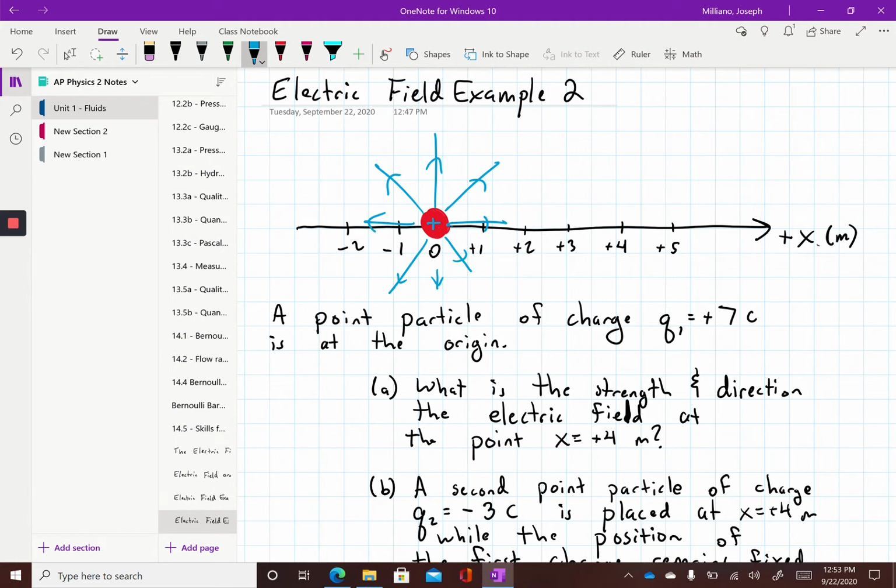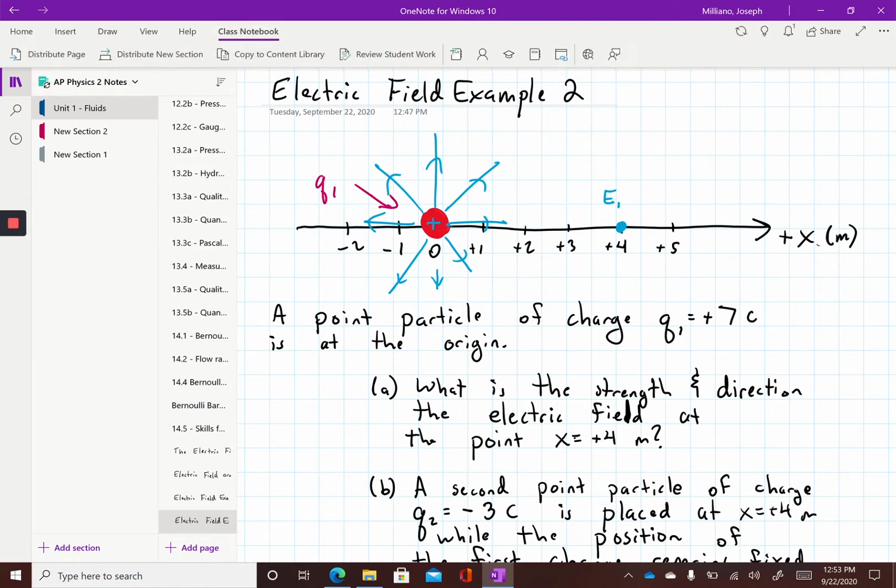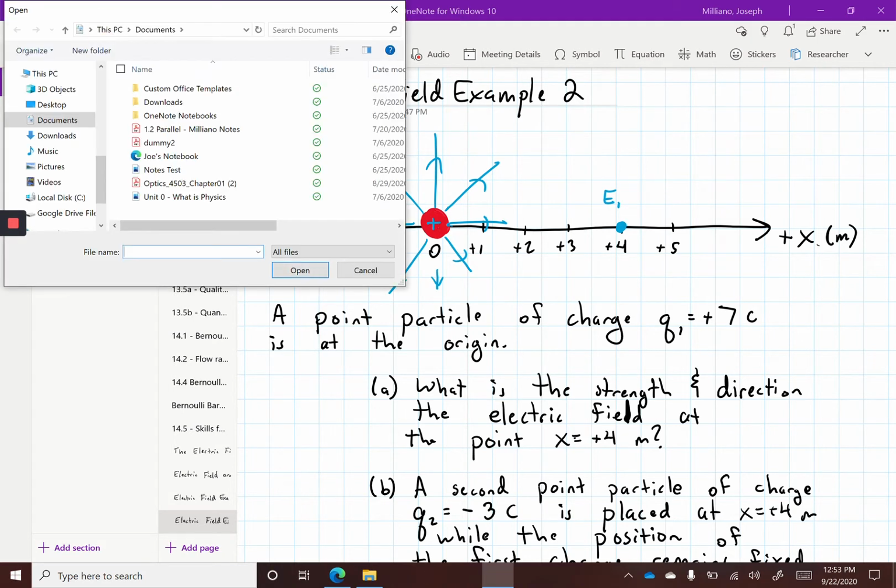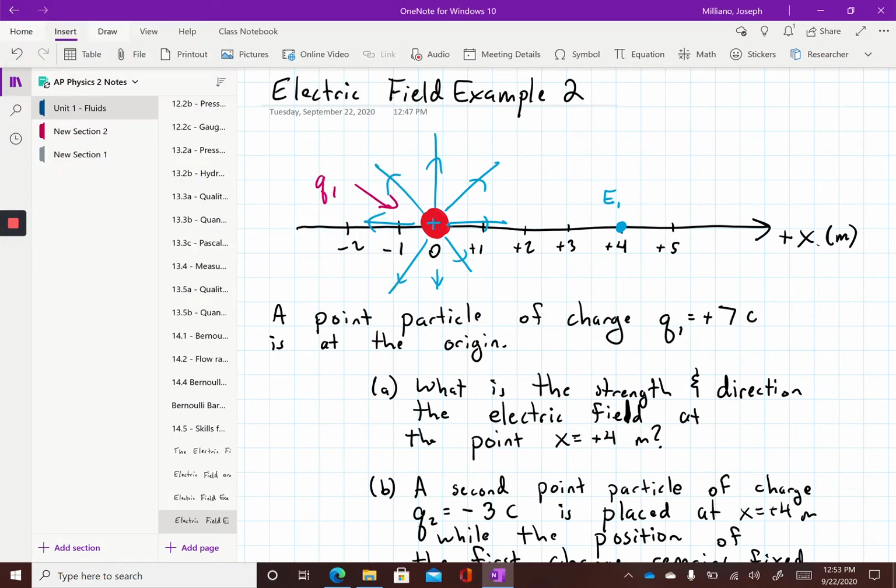And so we're going to specifically look at how strong and in what direction is the electric field due to, we'll call this one Q1, at this point due to charge 1? So that's the first question.